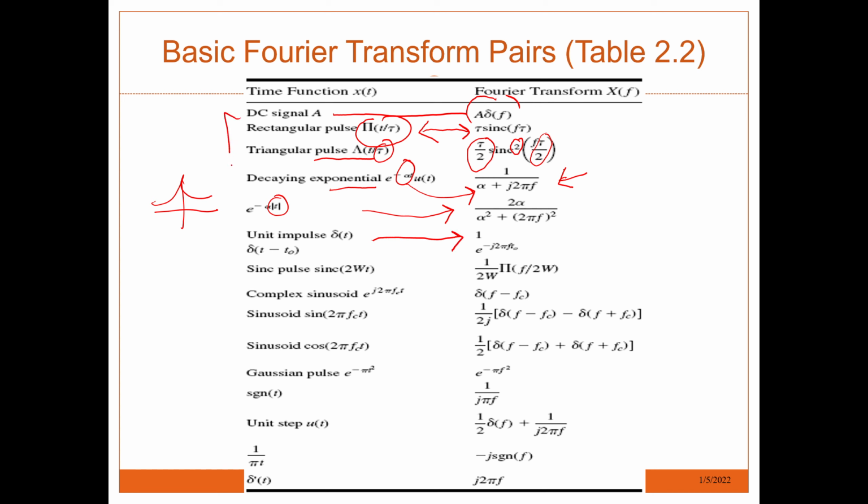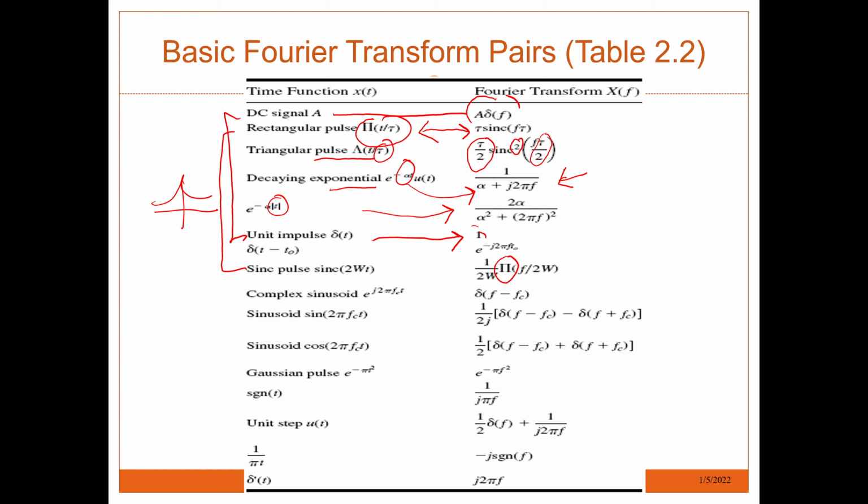So these two are actually the same: an impulse in time becomes DC 1, and a DC in time becomes an impulse in the frequency domain. So this is also the vice versa of this one. A sinc function will become a rectangular.